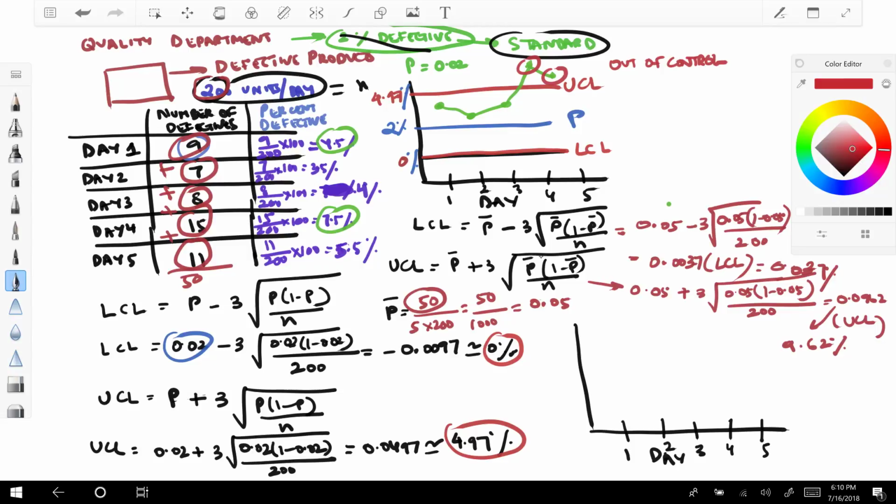Our lower control limit is 0.37, sorry, so I will write here, this is 0.37%.